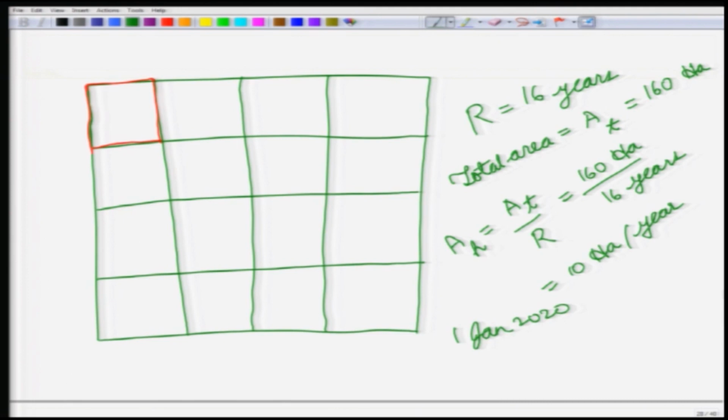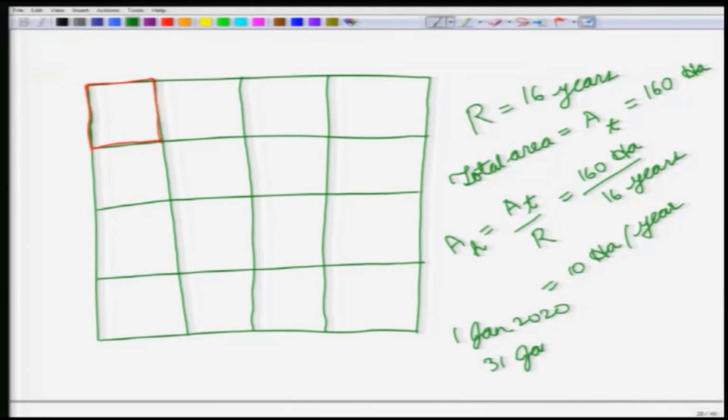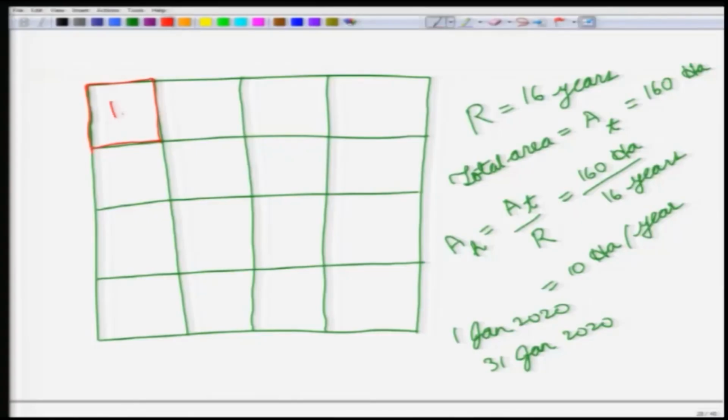Now, you sold this timber in the market, you got some revenue. At the end of the first year, that is on 31st December 2020, this section has now completed 1 year. So, any regeneration that was coming up is now of the age of 1 year.